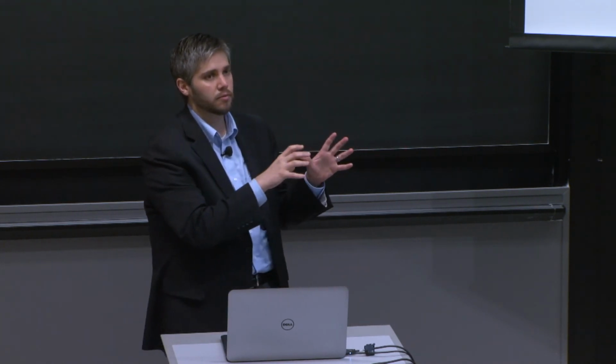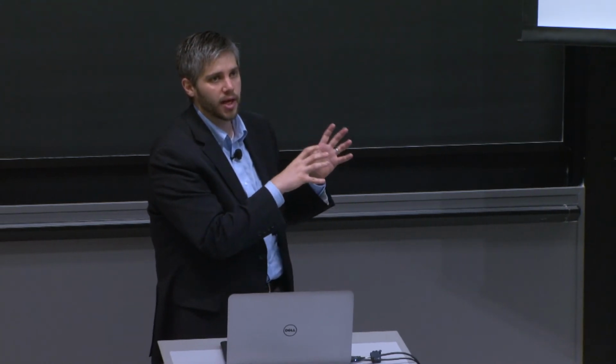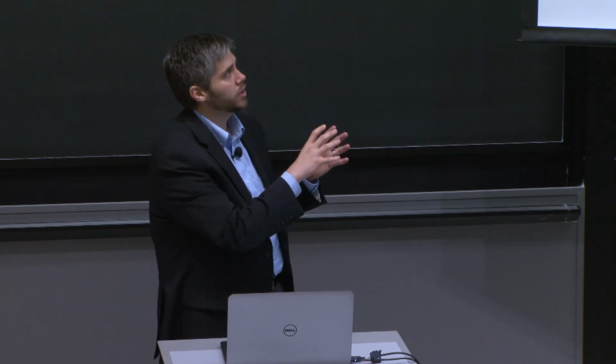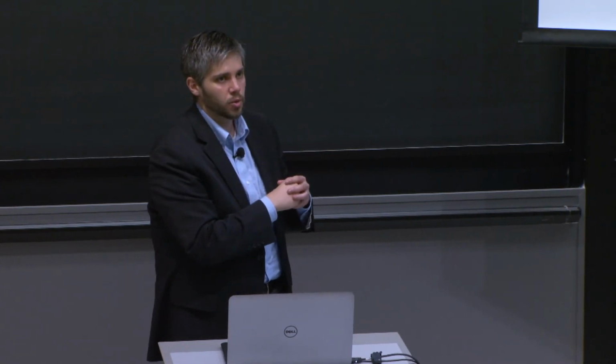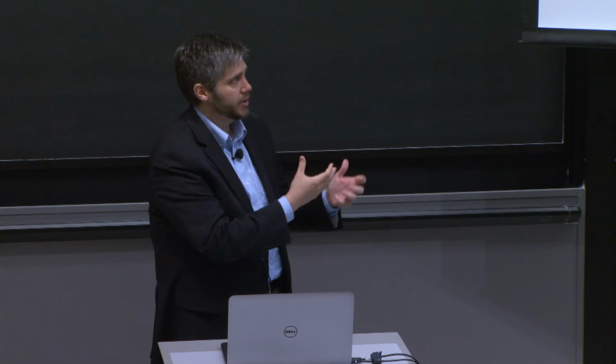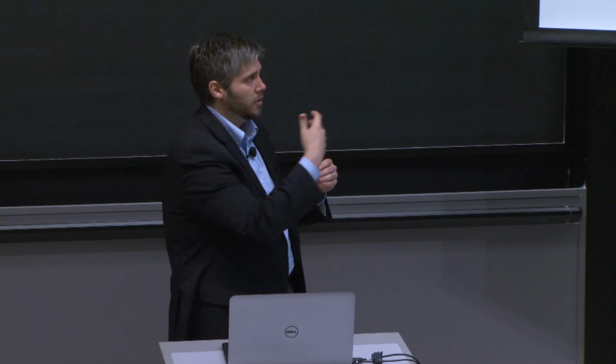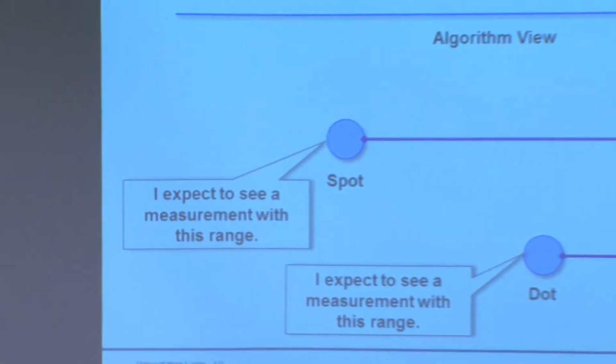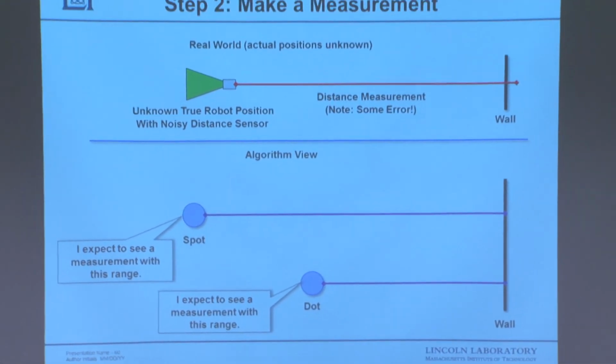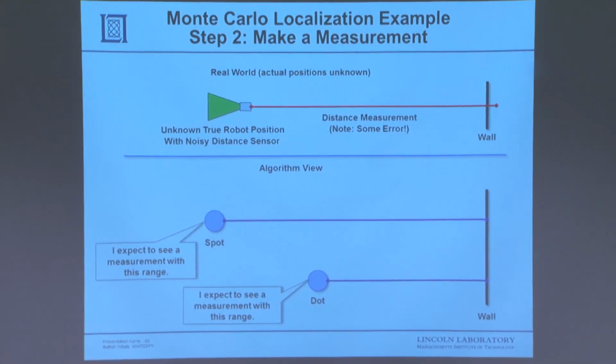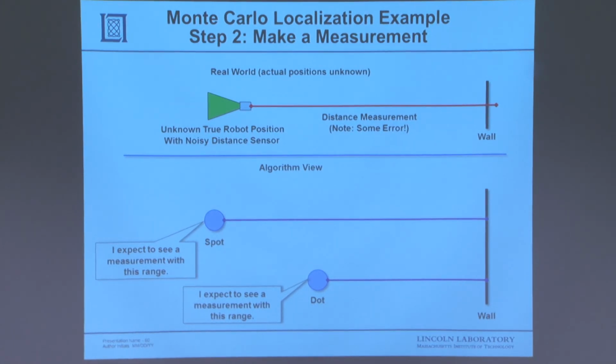We can imagine, for each one of our particles, that we're that particle. So let's imagine we're Spot. In our imagination, Spot will say I'm, I don't know, 12.3 meters away from the door. And then we can imagine ourselves as Dot, and Dot will imagine that it is 3 meters away from the door.